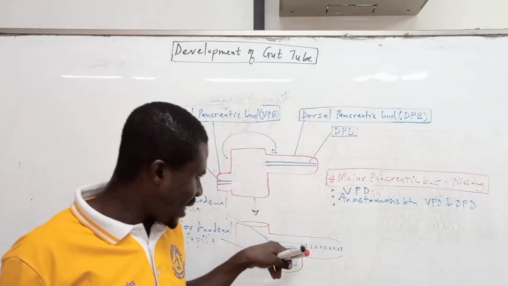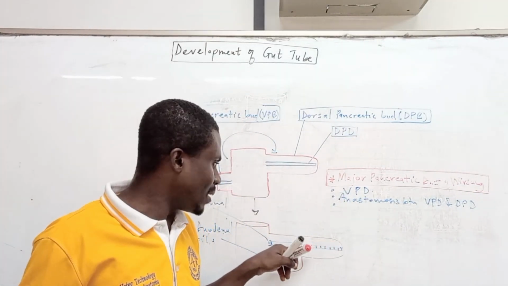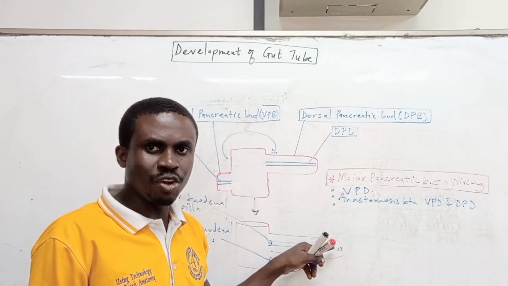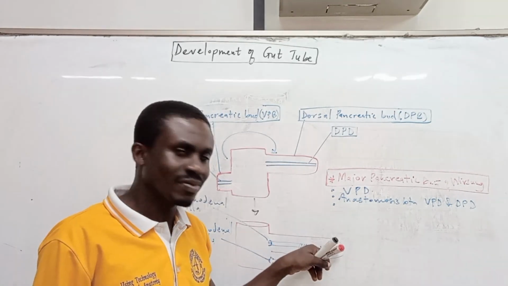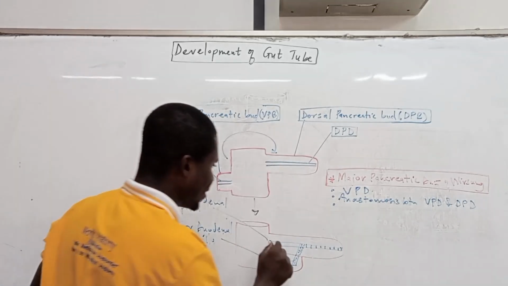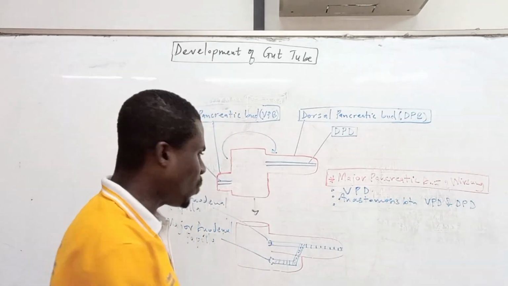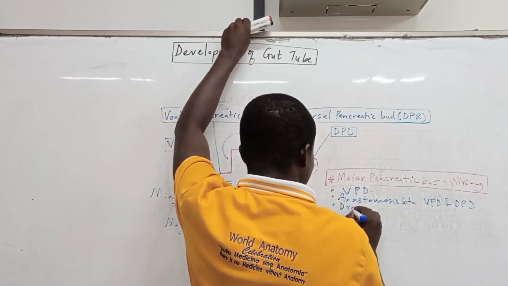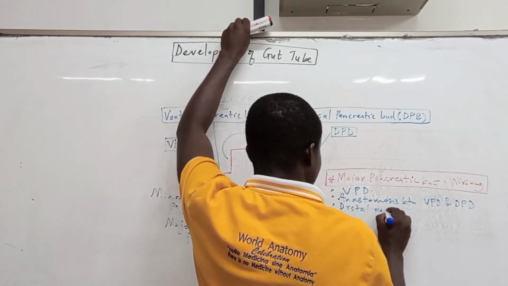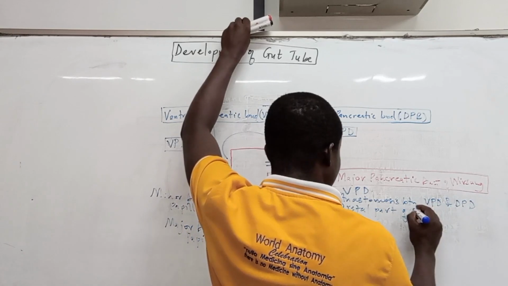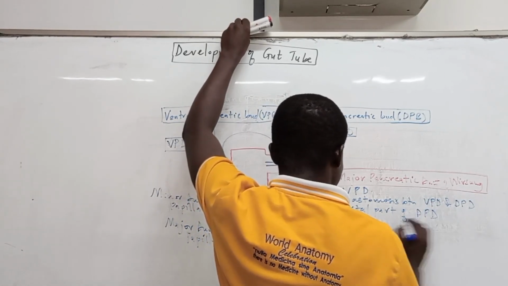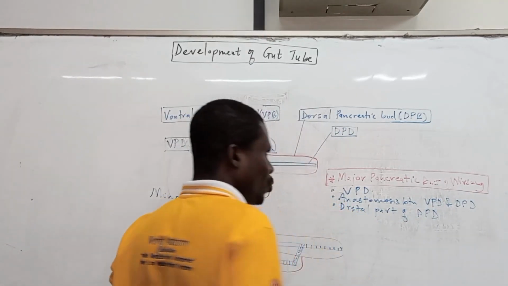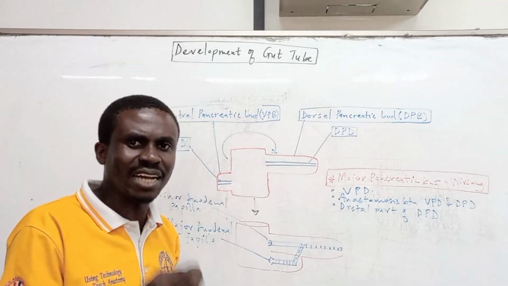Now we are not done. Then the real portion, by way of the continuation of this major pancreatic duct, is who? Now this whole thing is the dorsal pancreatic duct, by which portion? The distal part of the dorsal pancreatic duct. Okay, so these are the components of the major pancreatic duct of Wirsung.